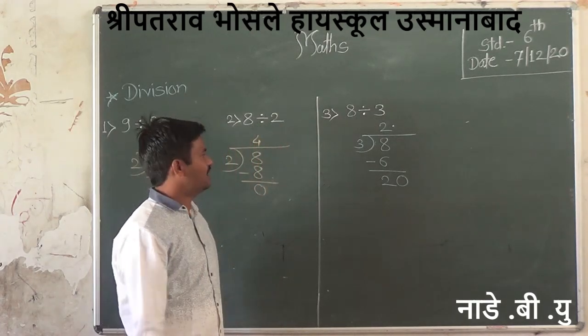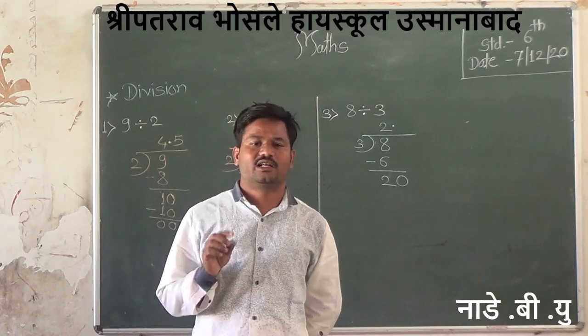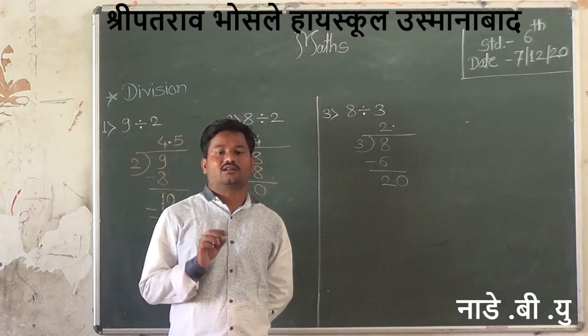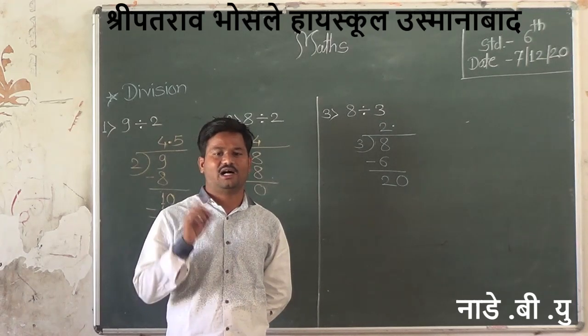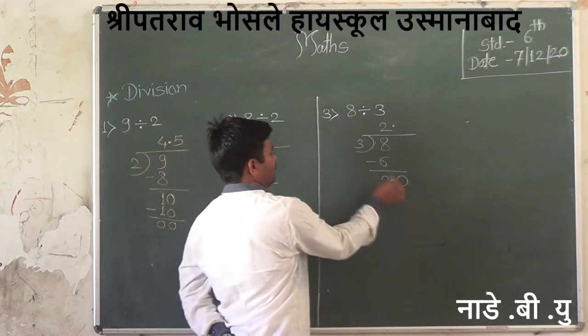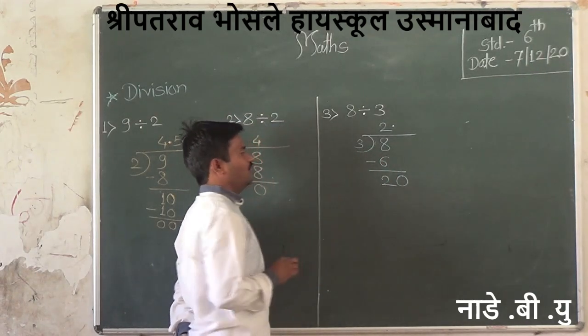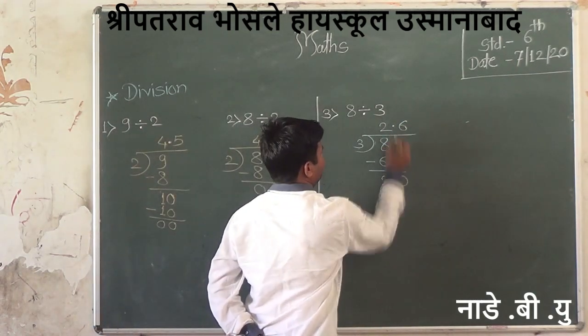Here the remainder is 20. 20 is not in the table of 3, meaning we cannot make complete parts of 20 by 3. Here the smaller number than 20 in the table of 3 is 3 sixes are 18.